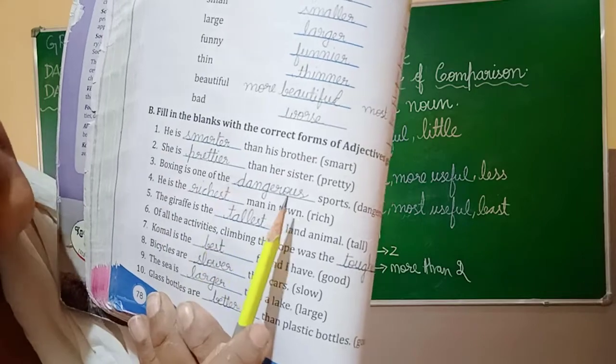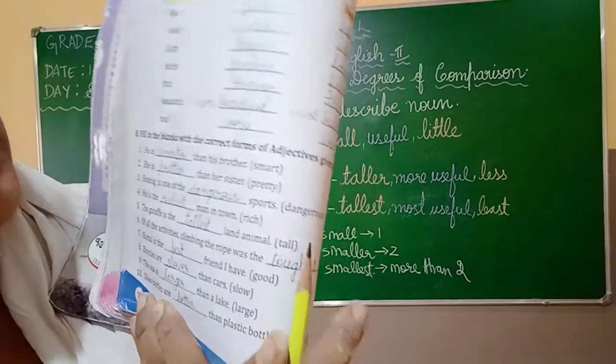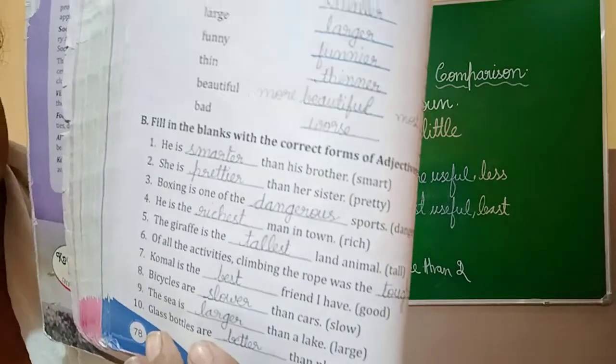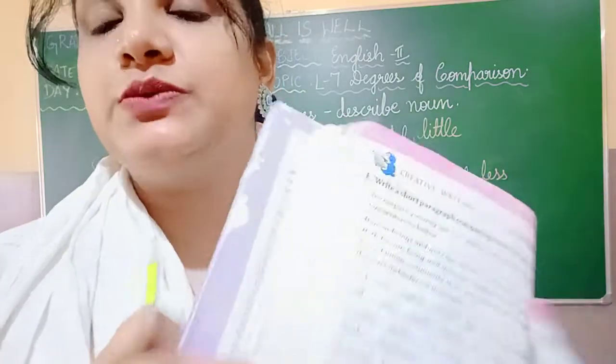Boxing is one of the dash sports. Danger. So, we are comparing all the sports with boxing. It is a superlative degree because we are comparing one with many, right?